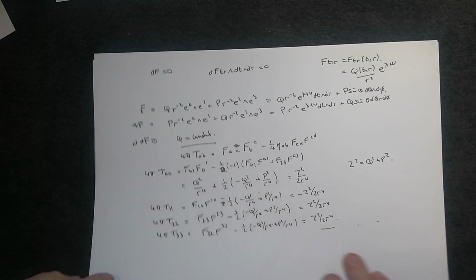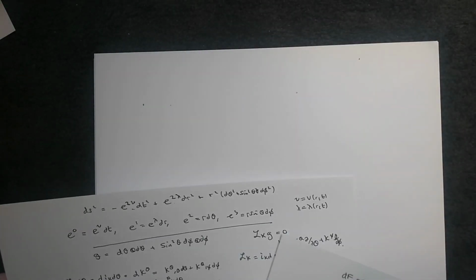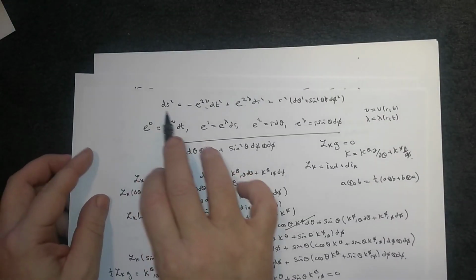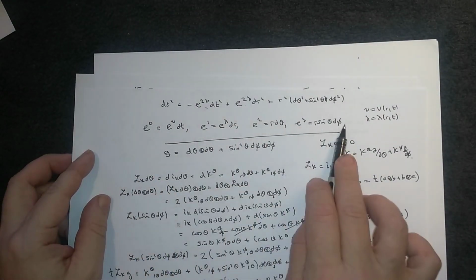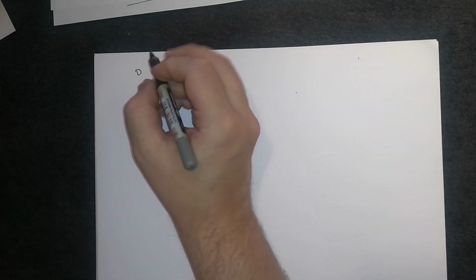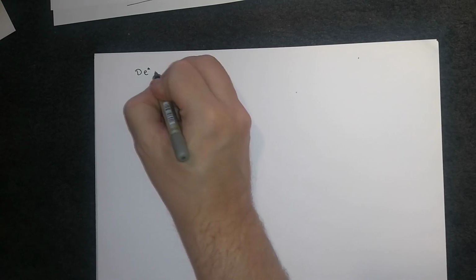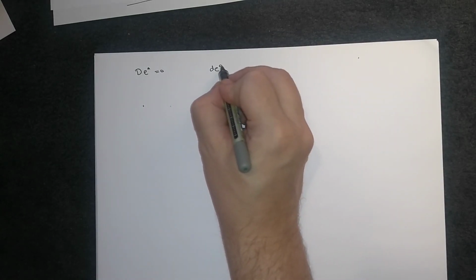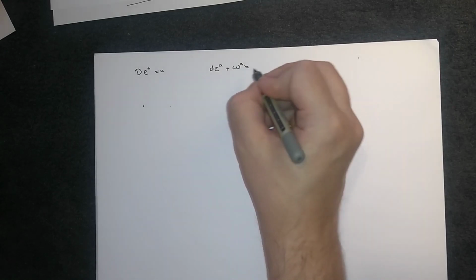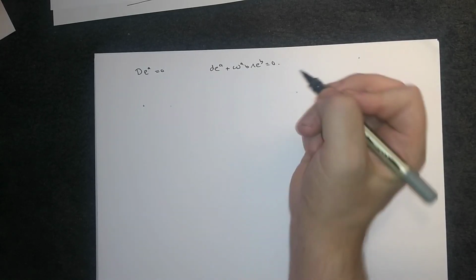Right, let's now work out the curvature of the metric. So, going back to this metric here, this frame, I'm going to have DEA equals 0. So in other words, DEA plus omega AB wedge EB is 0.